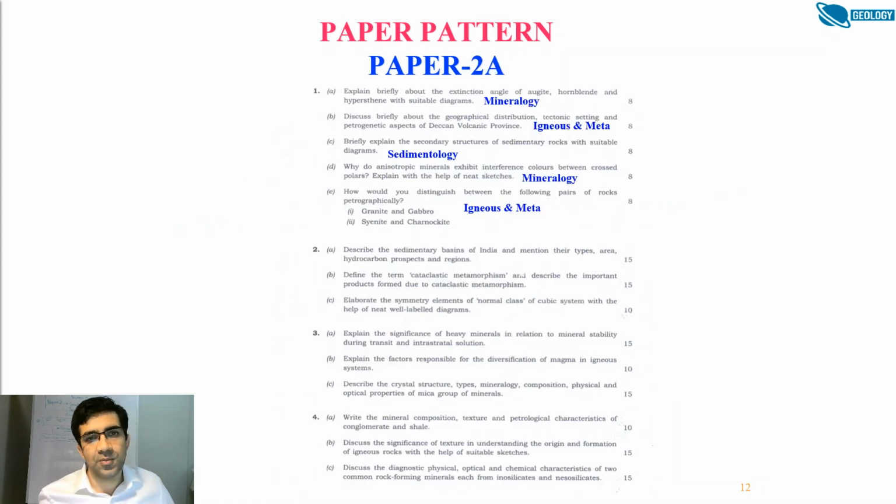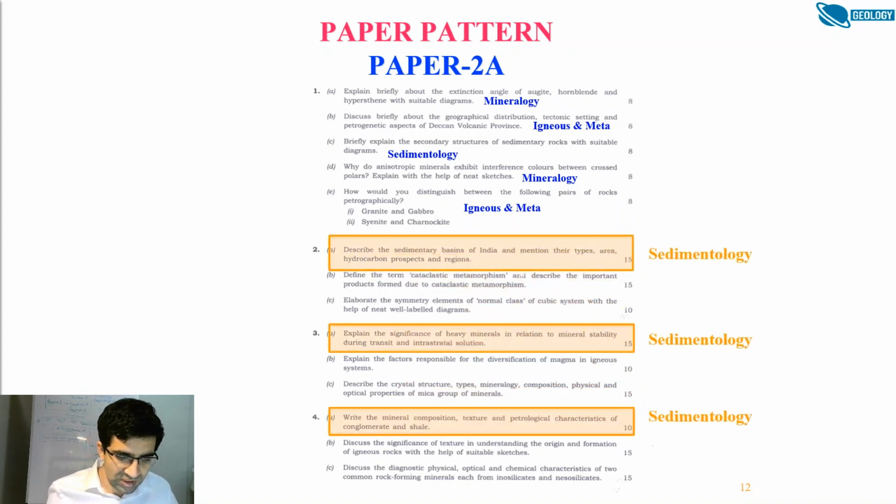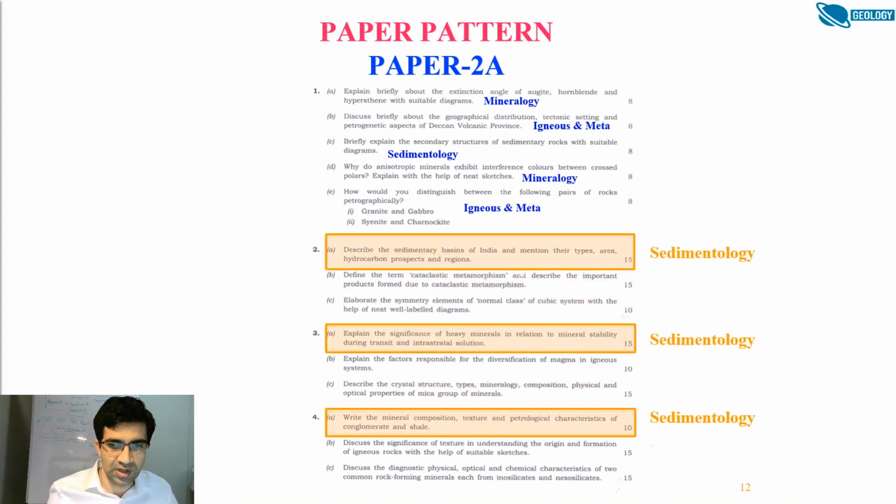Then similarly for paper 2, which comprises sedimentology, mineralogy, and igneous and metamorphic petrology, you see a similar pattern. For sedimentology, you again get 3 questions. This is slightly different in this case: although you had only one part in question number 1, here it's 15, 15, 10.